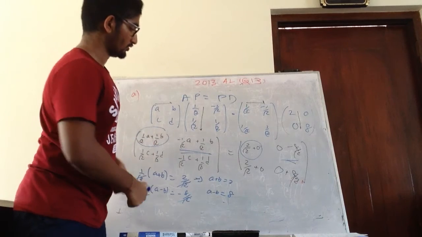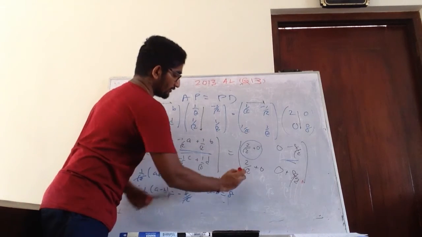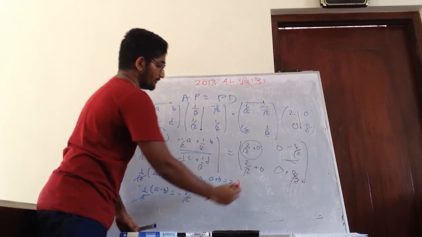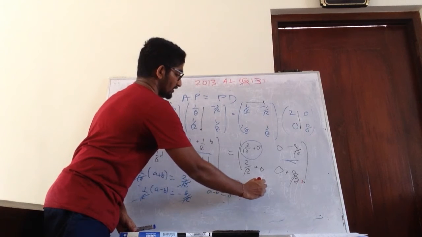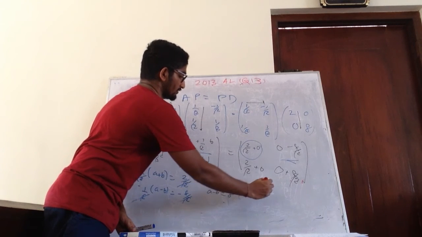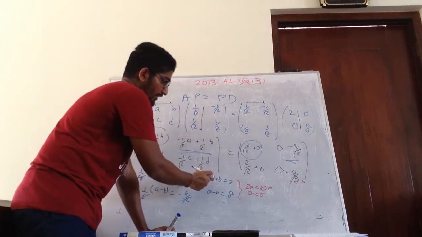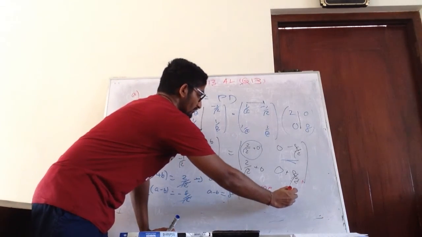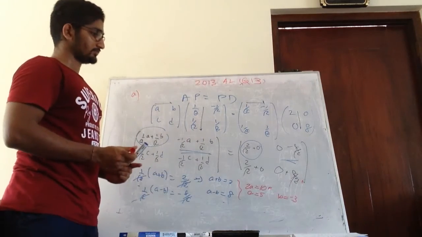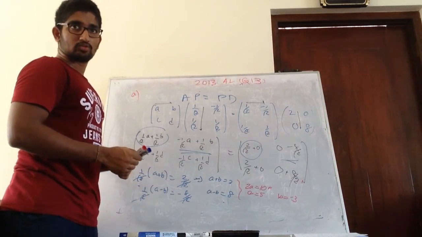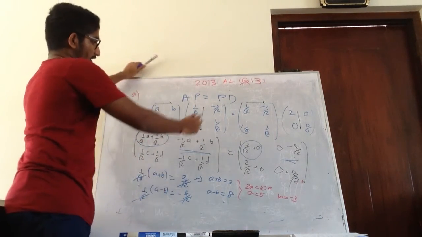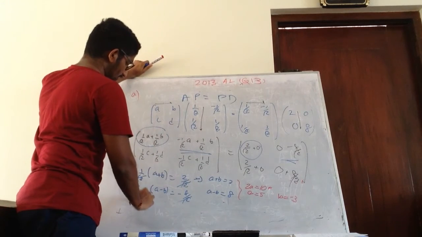By this, if we add these two up, 2a is 10, so a is 5, and b is minus 3.